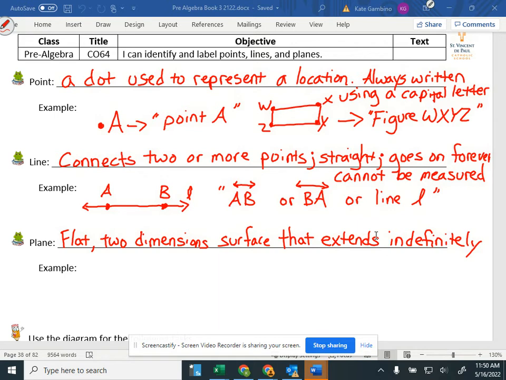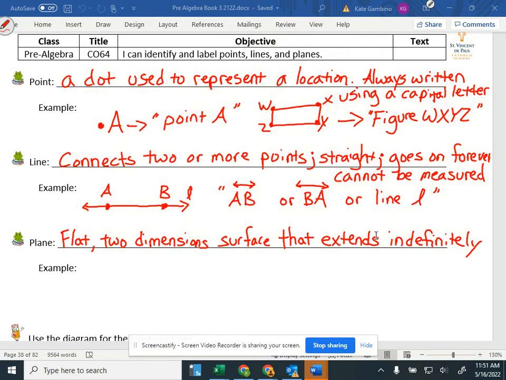The difference between a plane and this paper is this paper stops. It has a starting edge and an end edge. A plane goes on indefinitely, just like that line. It just goes on and on, like the Earth. The Earth is a sphere, so this is a little different. A plane just goes on and on and on, just like the Earth goes on and on and on and on.